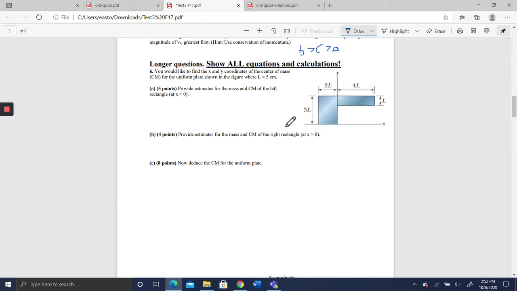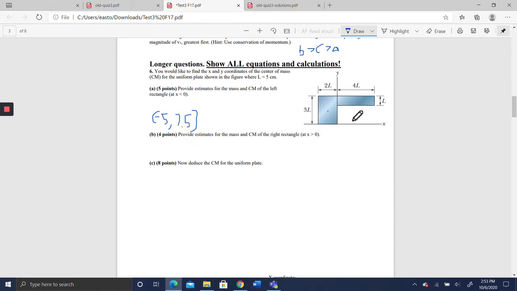So for the first one, they want you to find the center of mass for the left rectangle. For this one, they give us L, so we know that it's going to be up at the middle here. So we can say that this first one is going to be negative 1L to the left, which is negative 5, and 1.5 up, so 7.5 in the y direction.